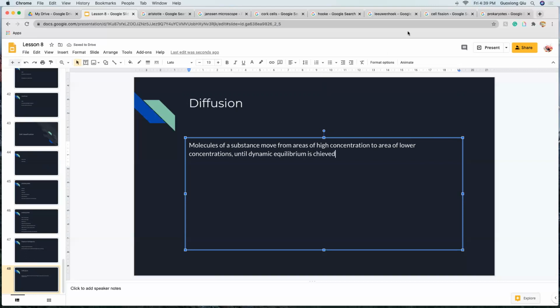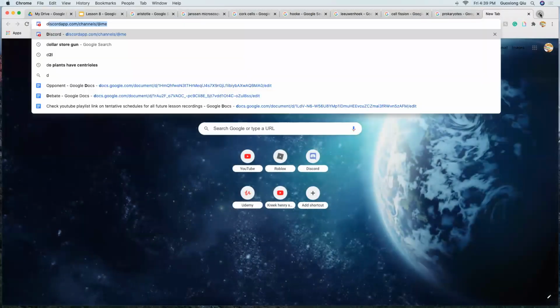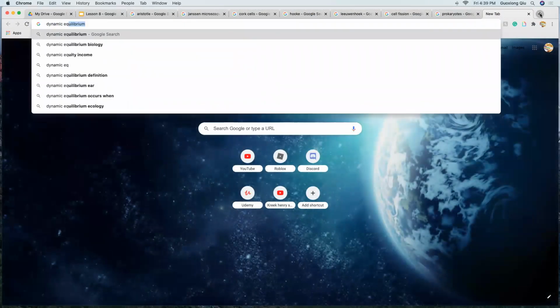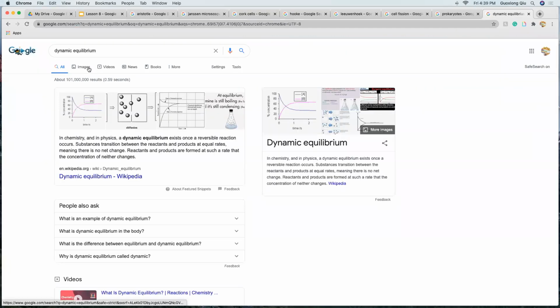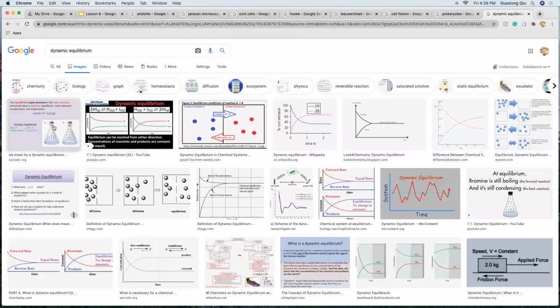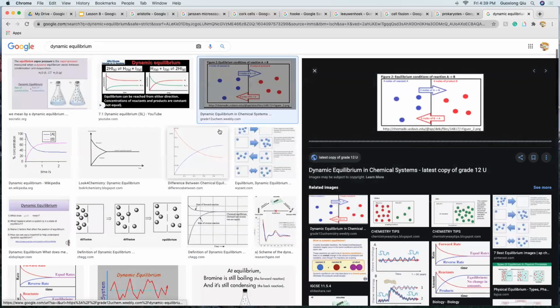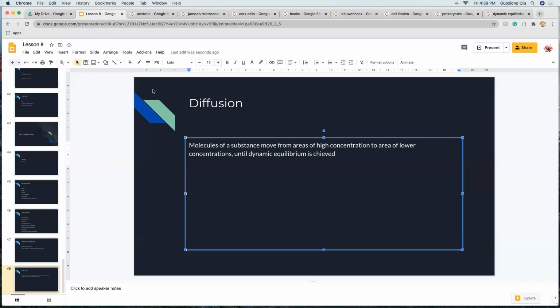Let's see if I can find an example of dynamic equilibrium. Is there some kind of animation? No, there is not. Basically, it continues until equilibrium is achieved, until there's an approximately equal concentration on both sides.